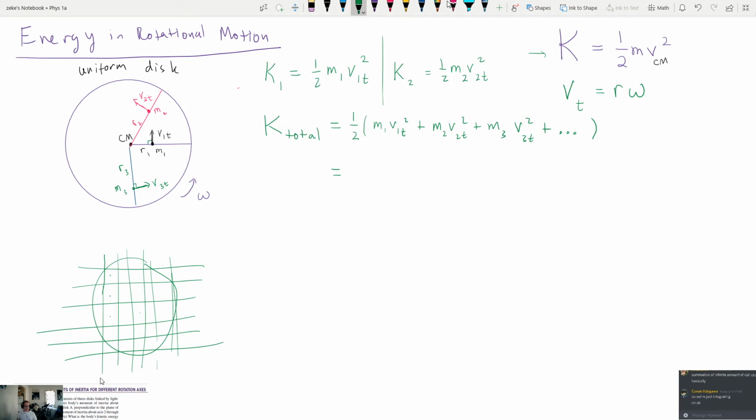Then that's fine. Okay, so this is obviously a pretty exhaustive process. It could take a long time to define what the velocity of each of these is. But the thing we have going for us is this: we know that every one of these tangential velocity vectors is just equal to its own radial position multiplied by angular speed. So let's plug that into our equation here.